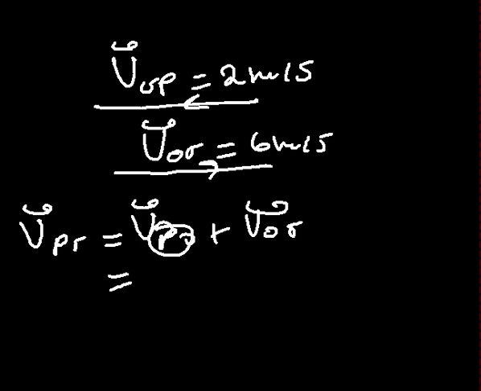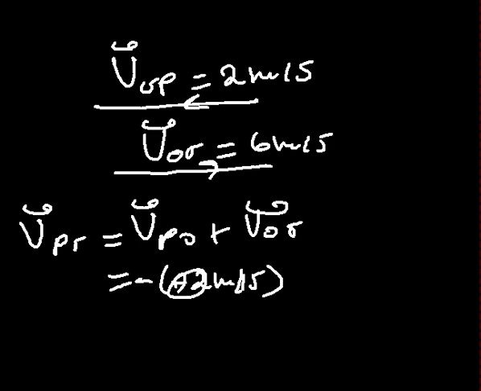We do not have Vpo, but what we have is Vop. So since Vop is going towards the negative, we'll have it as negative first. Then since we are looking for the Vpo, we'll also have to give the negative towards this. So we'll have another negative as well, negative 2 meters per second.